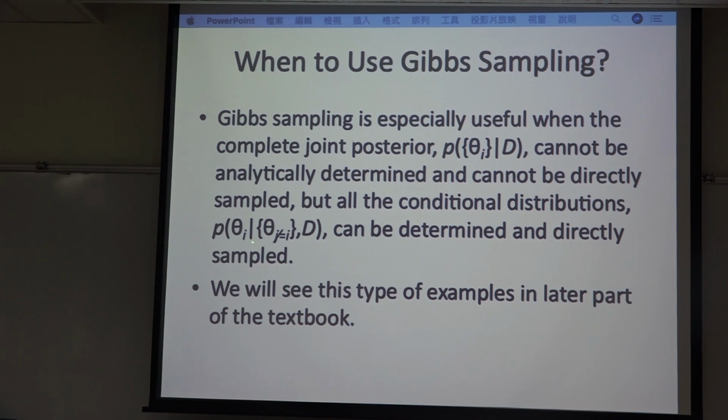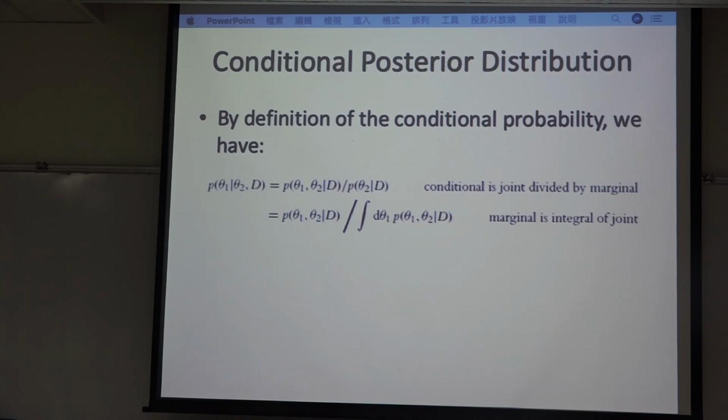So sometimes this thing is very difficult to obtain, but this thing can be obtained. We will see this type of example in later parts of the textbook. Right now, let's just use an example. Of course, to be very honest with you, you can directly obtain the posterior in this example, but we just use it as an example for Gibbs sampling.